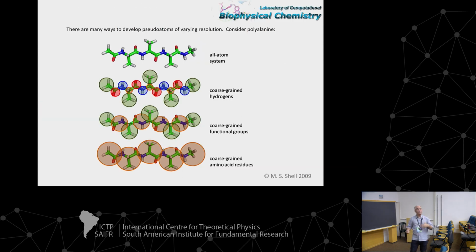I mentioned this mesoscopic level that we can call coarse graining. And just to exemplify that you can use your imagination to do different coarse grainings, I took a slide from Shell, a guy from California, where he showed here a representation of the atom and the different levels of coarse grain that you can have. So sometimes you just start to aggregate, to cluster a few atoms, like try to get rid of the hydrogens, then you can cluster usually using functional groups.